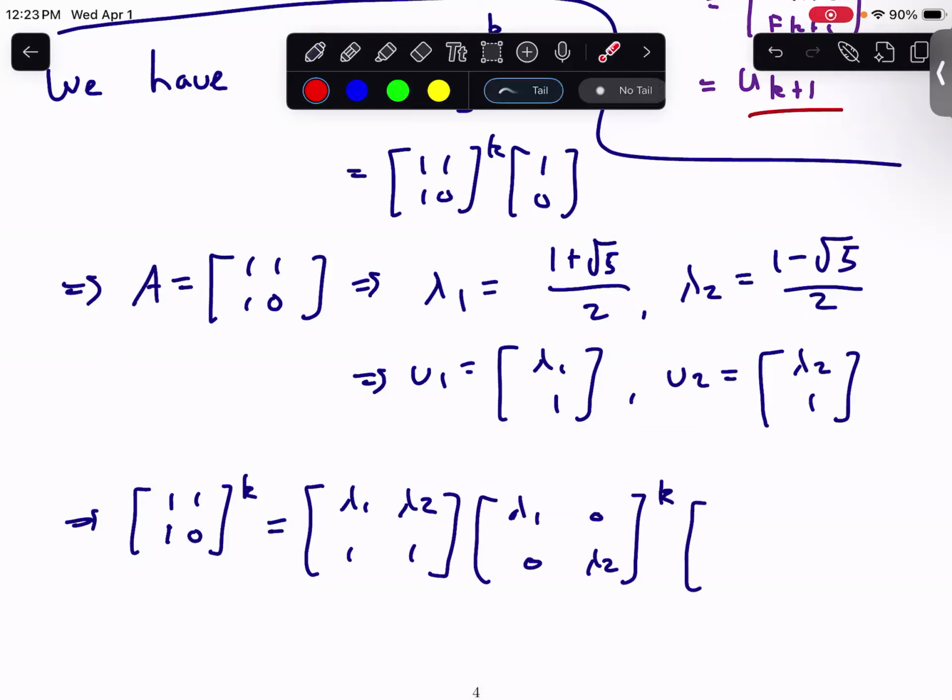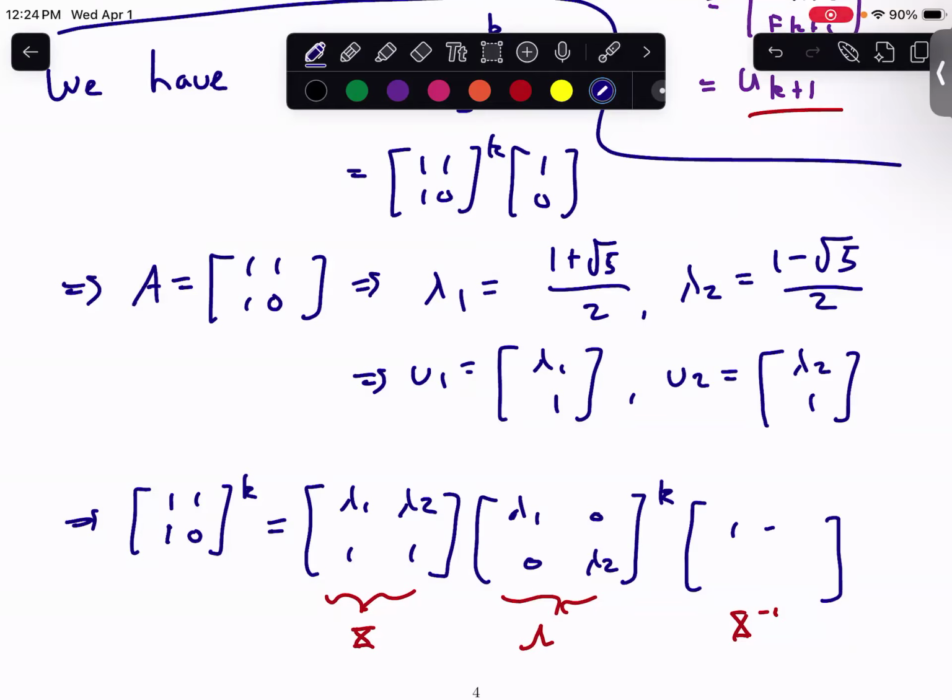And then you find the inverse. Just to make it clear, this is our x, this is our lambda, and then this is our x inverse. You can find x inverse pretty quickly by using the determinant formula we derived before. This ends up being 1 minus lambda 2, and then minus 1, and then you have lambda 1.